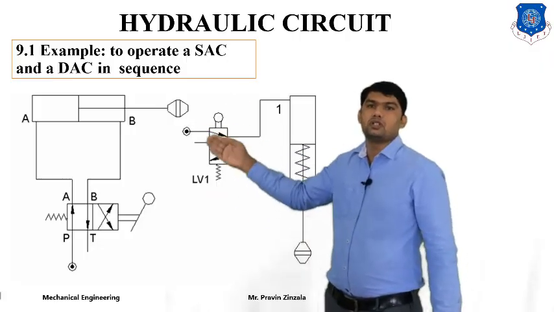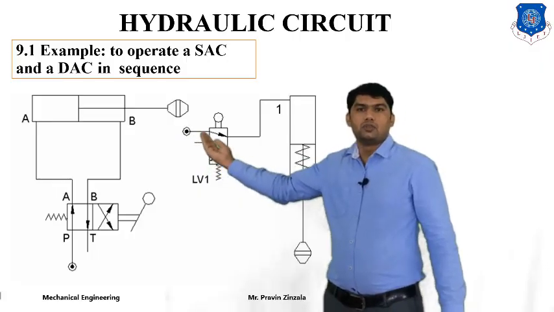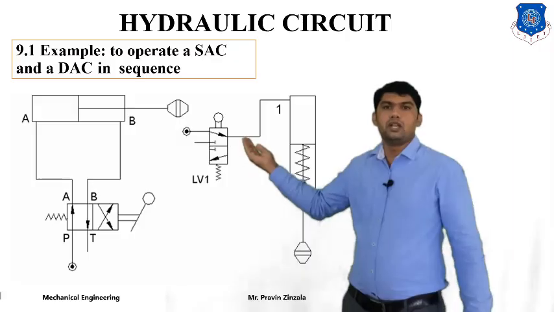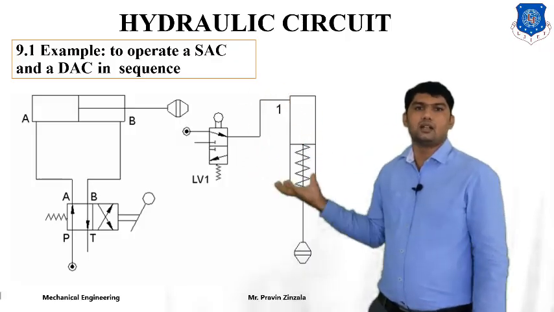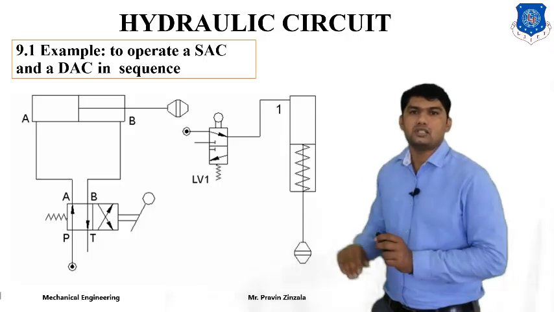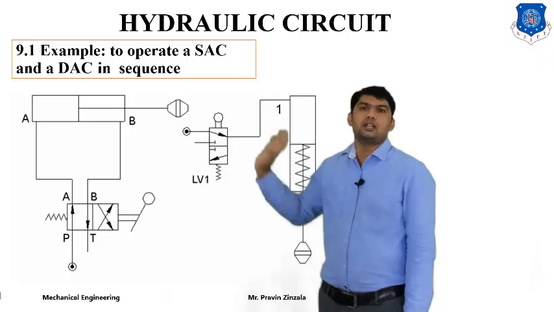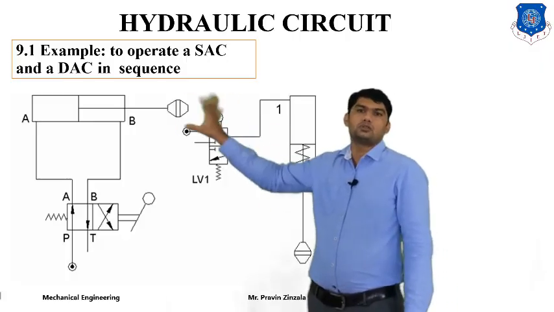It will change position, means the pump will be connected to the cylinder. So fluid will pass from P to A and from A to cylinder number 1, and the single acting cylinder will extend. Whenever the double acting cylinder starts to retract, the force on the cylinder is removed.